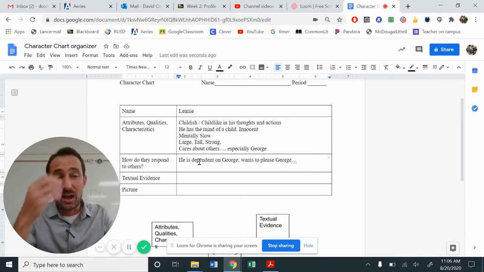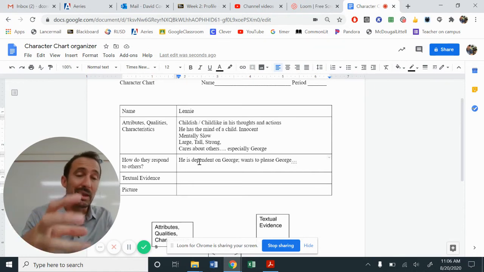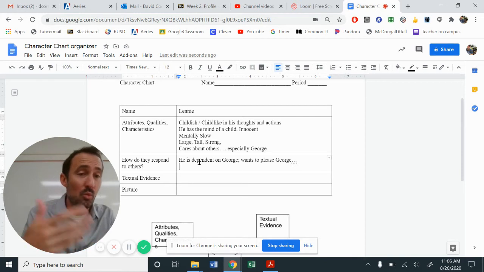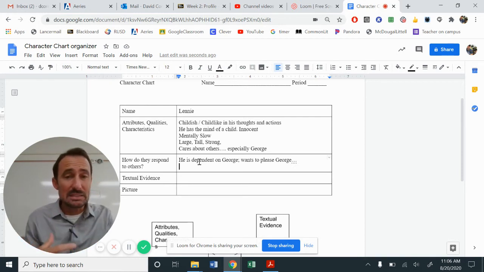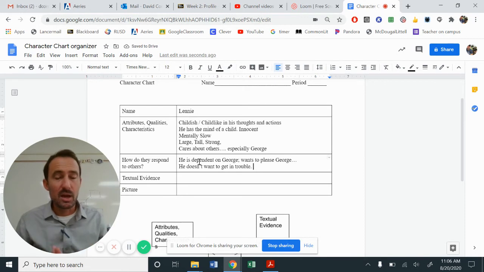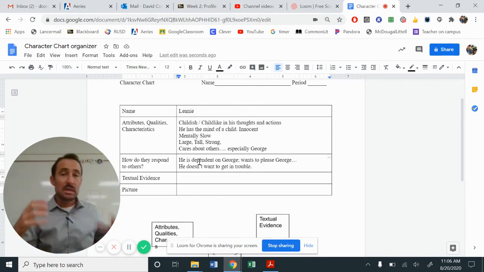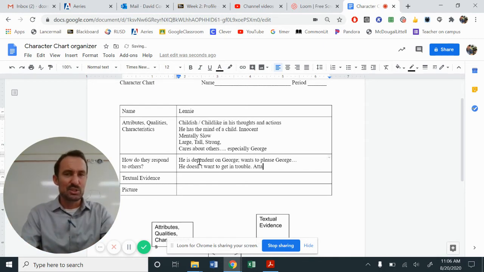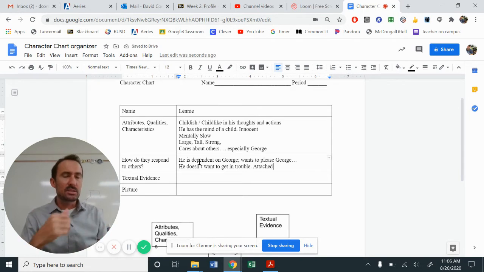It's like a small little child who may go into the pantry and pull out a box of pancake mix and start throwing it everywhere. They don't know they're getting in trouble, but they don't want to upset their parents. So it's this idea of him wanting to please George. He doesn't want to get in trouble. He is very kind, but he is dependent on George. So that's how he responds to others. Very attached, like a child is attached.